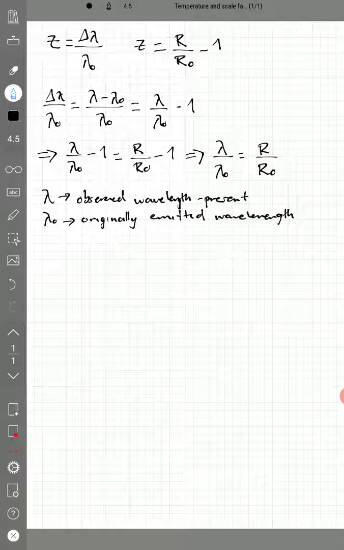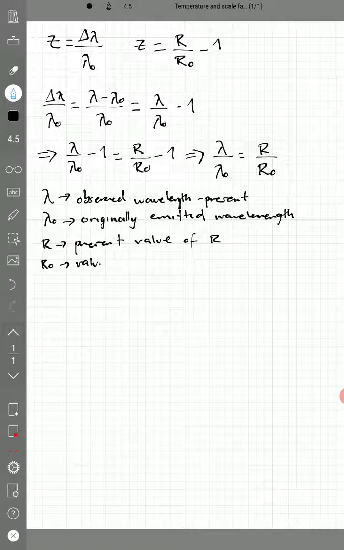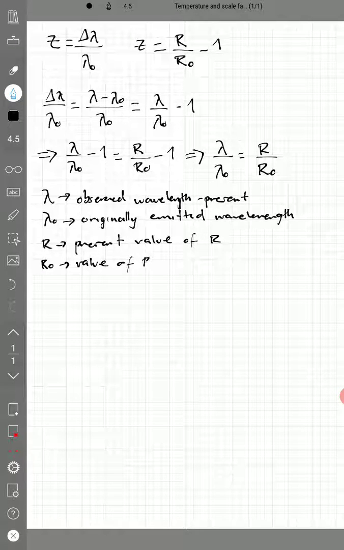So r would be the present value of the scale factor r, and r 0 I'm going to say is the value of r when lambda 0 was emitted.